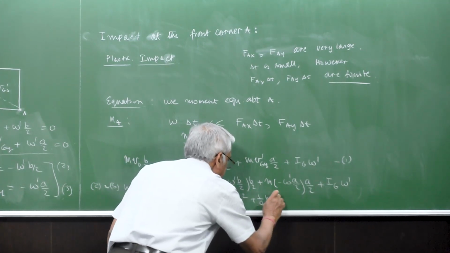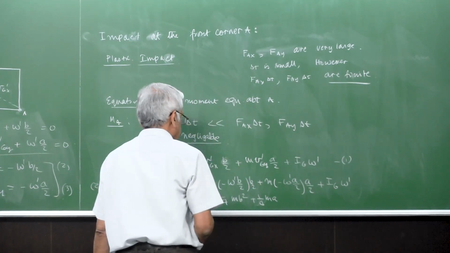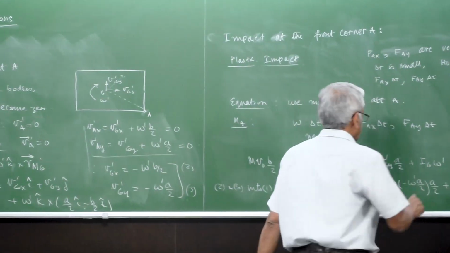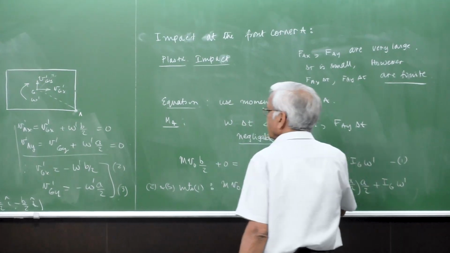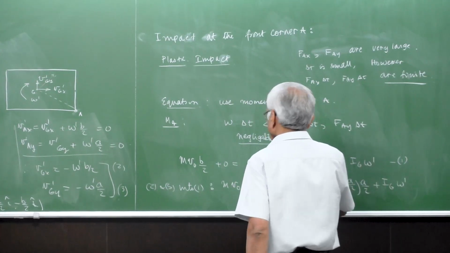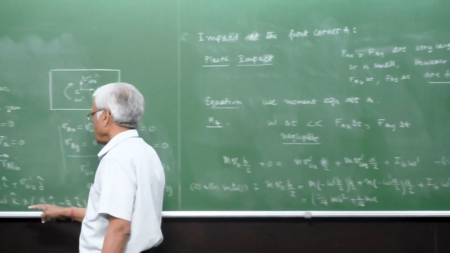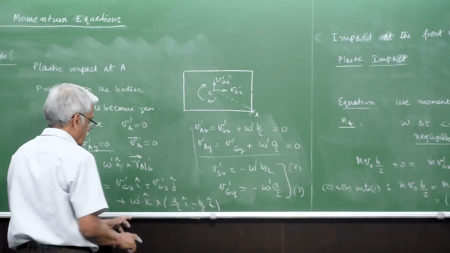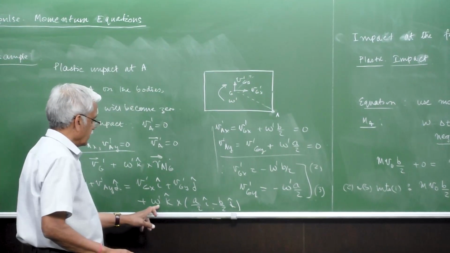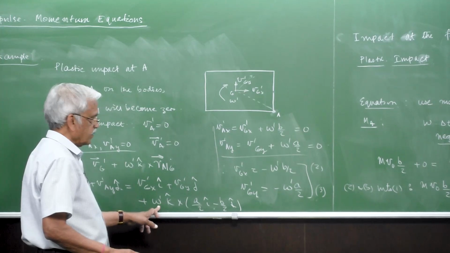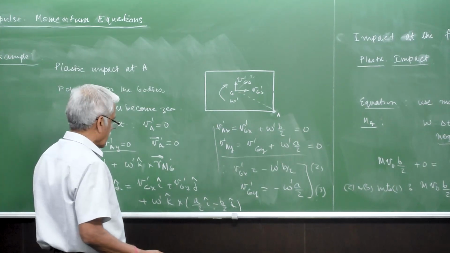The only thing here is that when you make this equation, this cross product equation, this omega prime is assumed to be counterclockwise.